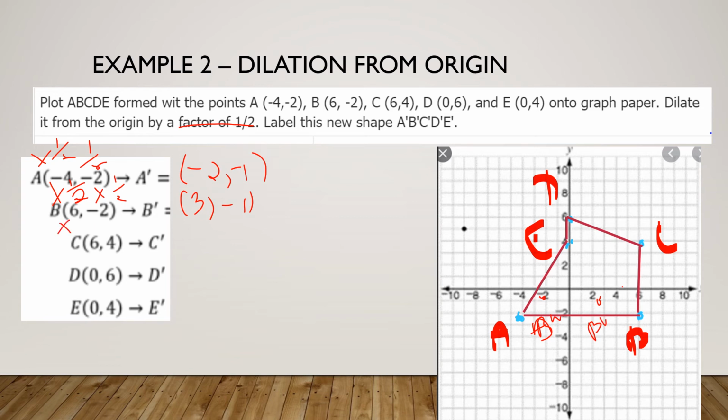So keep going by 1/2. 6 times 1/2 is 3, and 4 times 1/2 is 2. That gives us our C prime. Again, by 1/2, D prime would be 0, 3.